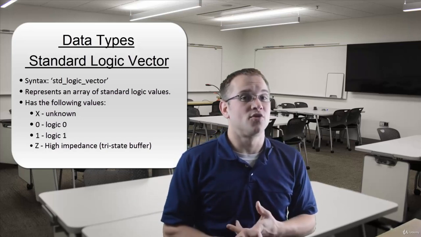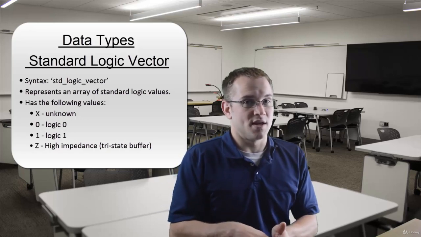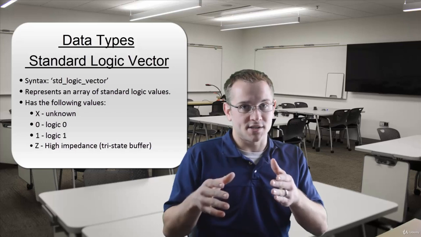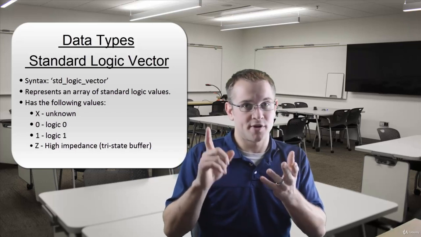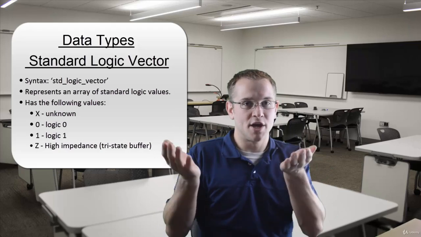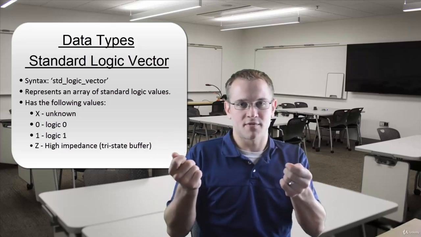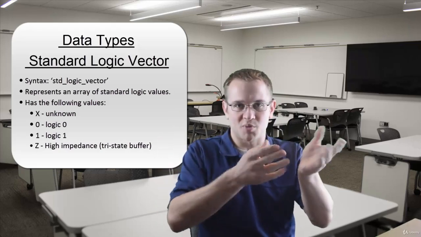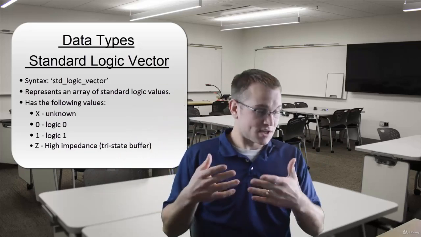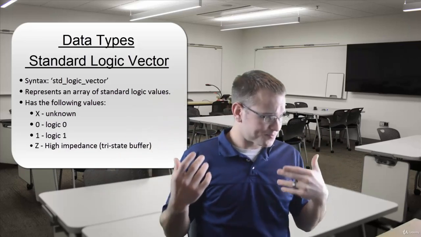The keyword for a standard logic vector is std_logic_vector. Inside the parentheses, you define the size of the vector from the starting bit, then use the keyword downto, then the ending bit, to give you the size of that actual vector.